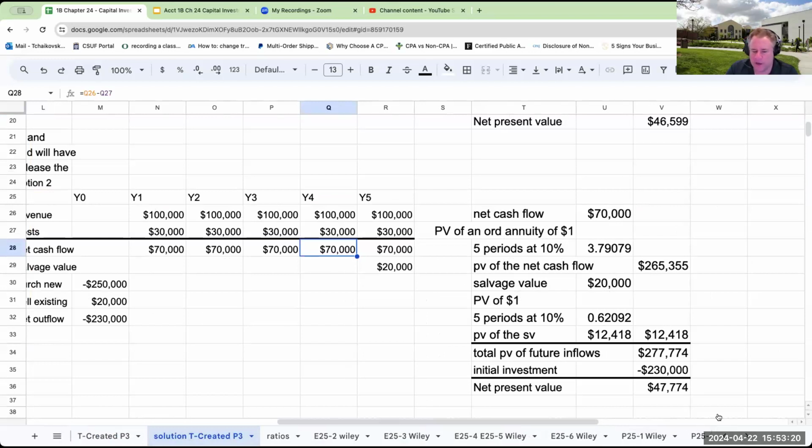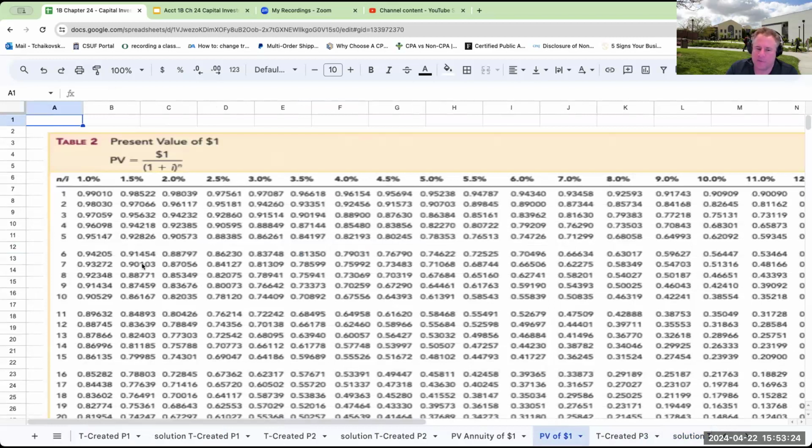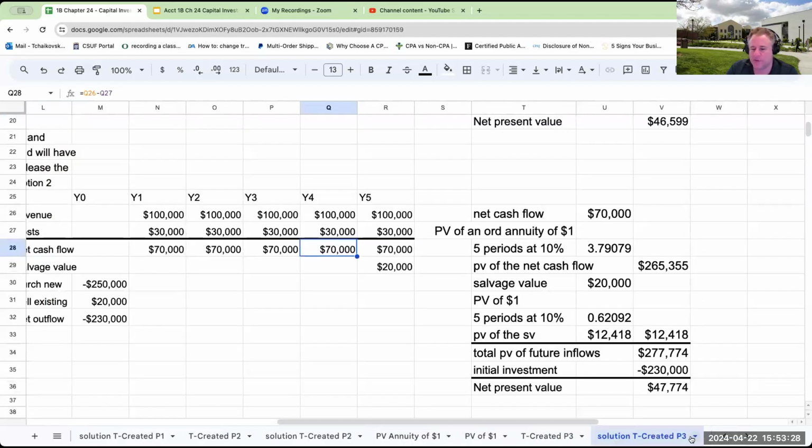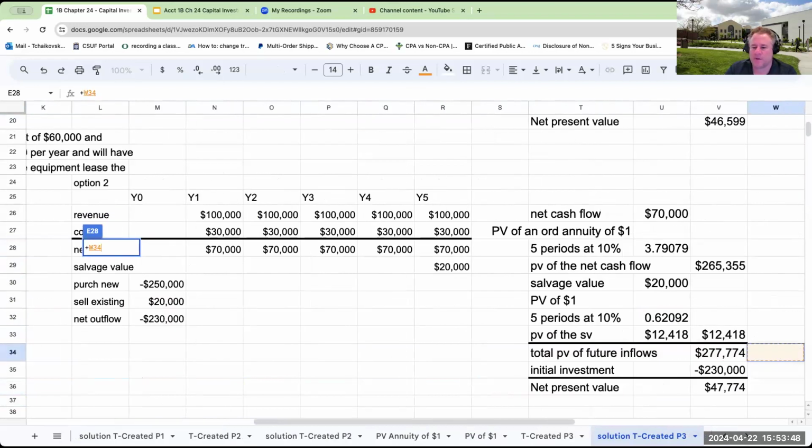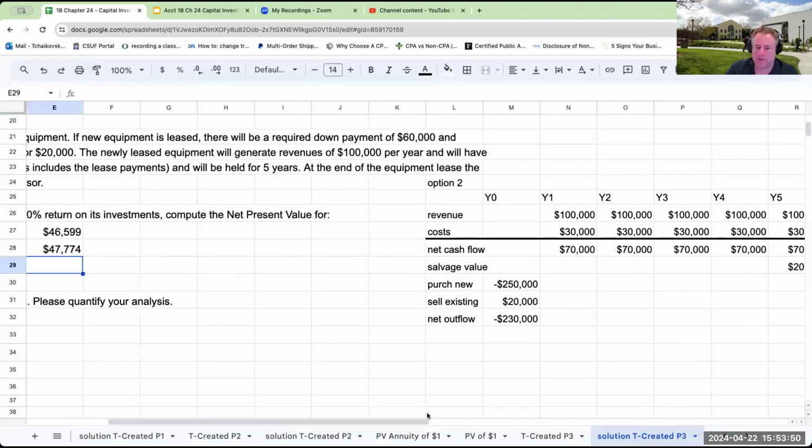Present value of $1, right? Over here for my salvage value, 5 periods at 10% is 0.62092. And so that's going to be 12,418. The total present value of the future inflows is 277,774. My initial investment is 230, so my net present value is 47,774. So go ahead and put this over here. And there we go. Okay.